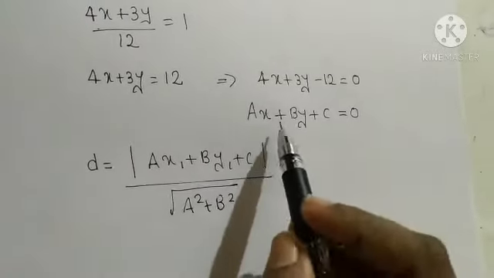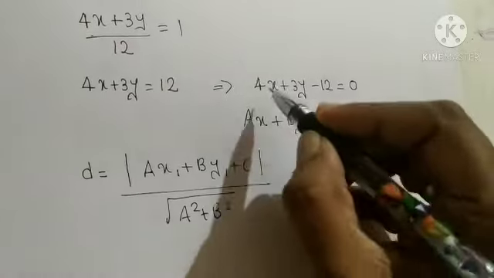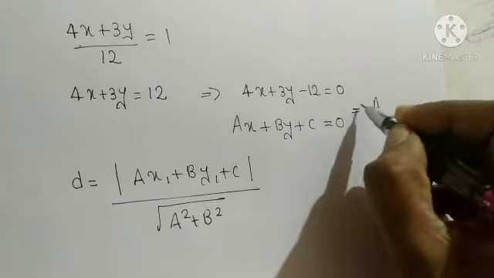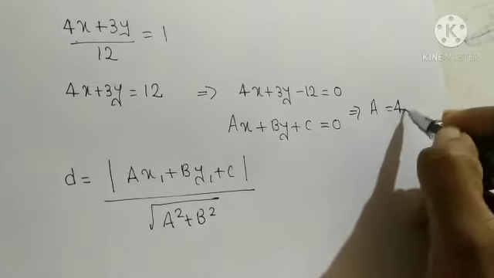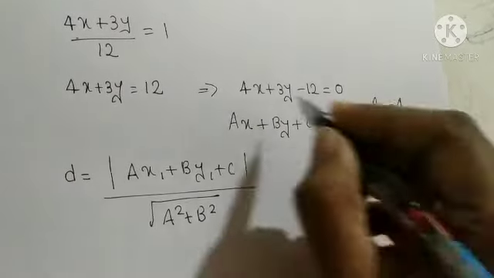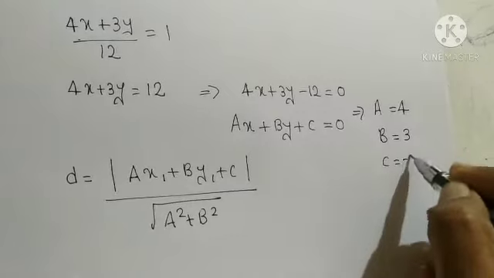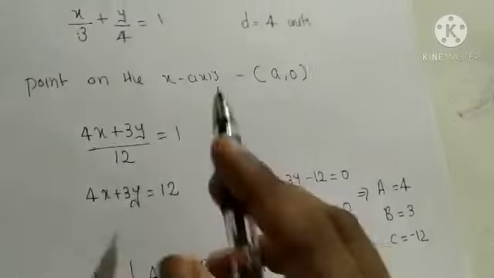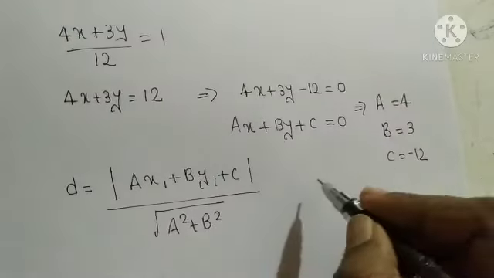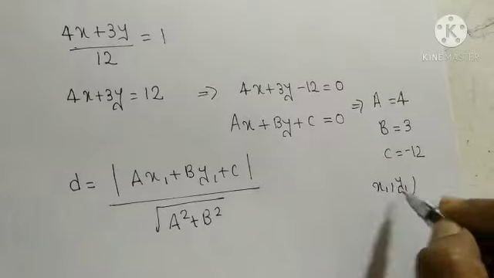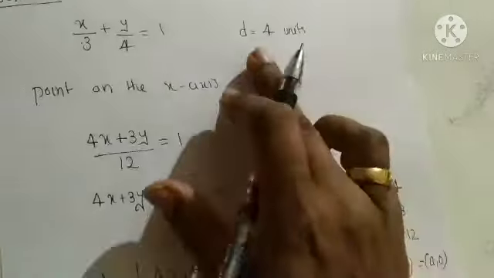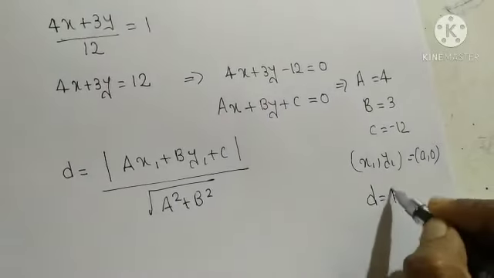Using this data here, comparing these two equations, we find that a equal to 4, b equal to the coefficient of y, that is here it is 3, and c equal to minus 12. And given that the point on the x-axis is a comma 0, that is x1, y1 is a comma 0, and given that the value of distance is 4 units.